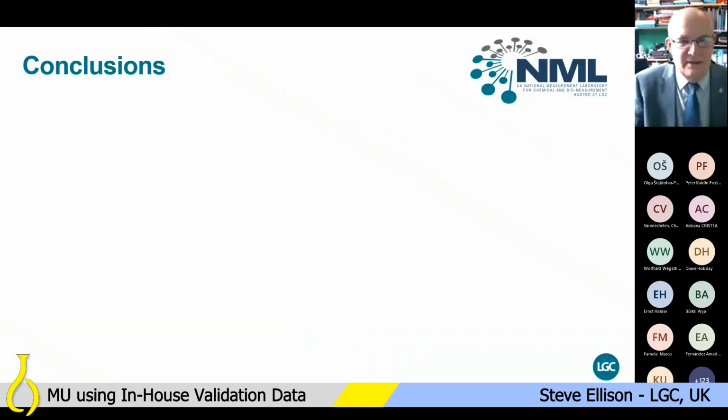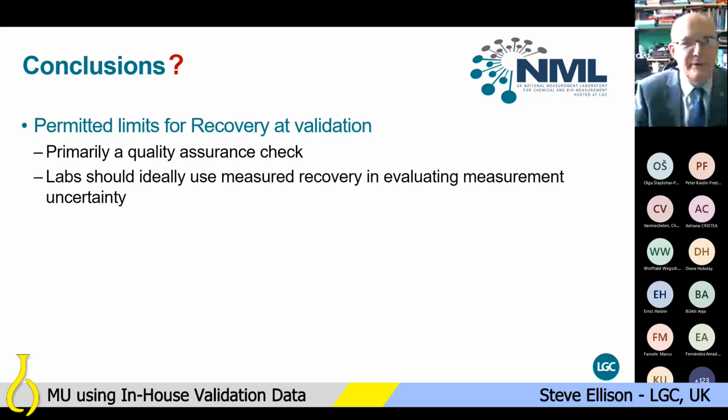So I did put some conclusions on this talk, but they had a question mark on the end because I was genuinely interested in what everybody had to say. So this is what I thought before we did the polls. Recovery at validation looks like primarily a quality assurance check to make sure that the method has sufficient performance. And the permitted range is just to make sure it does.